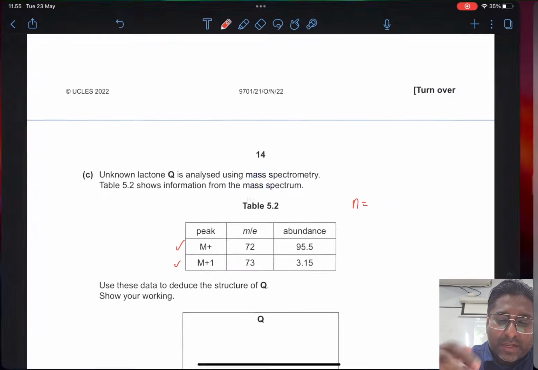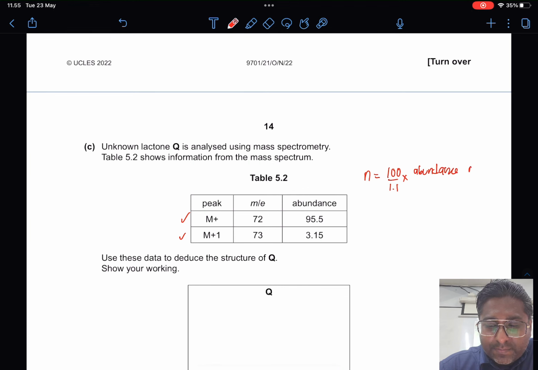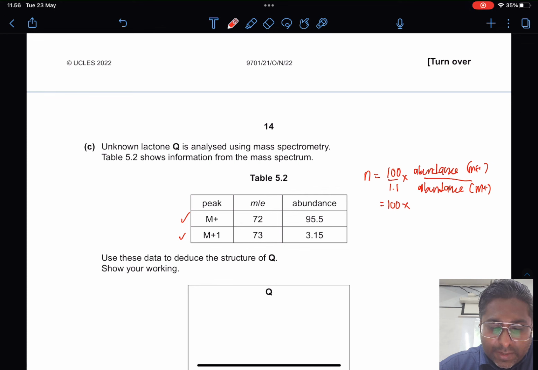We just use the formula, which is going to be 100 divided by 1.1 times the abundance of M plus 1 divided by abundance of M plus. So 100 times abundance of M plus 1 is 3.15. 1.1 times abundance of M plus is going to be 95.5.